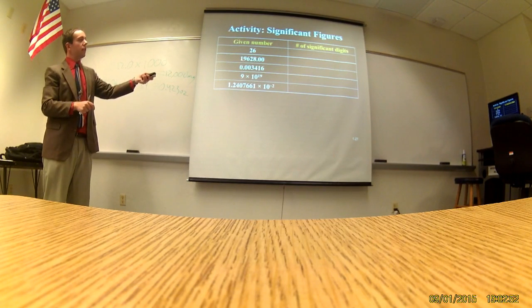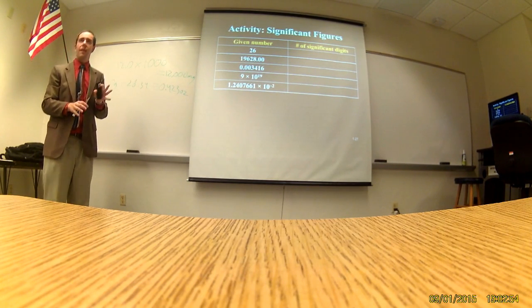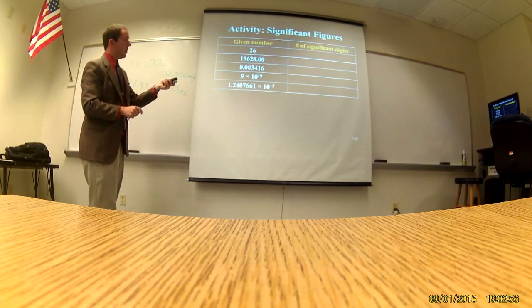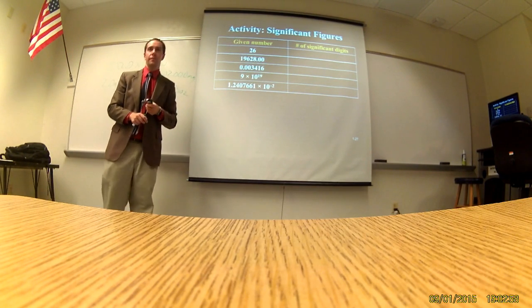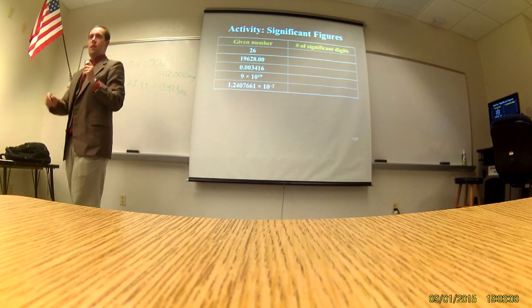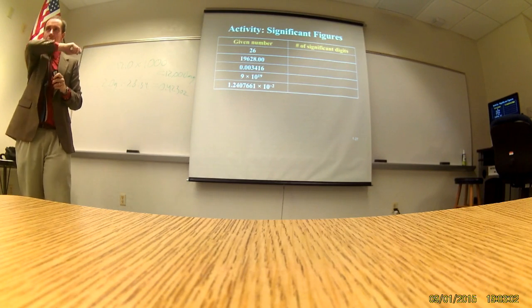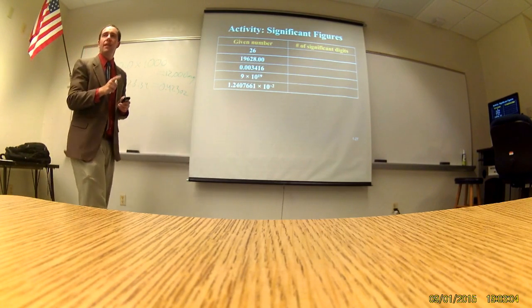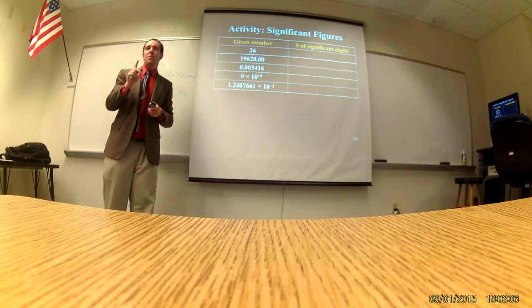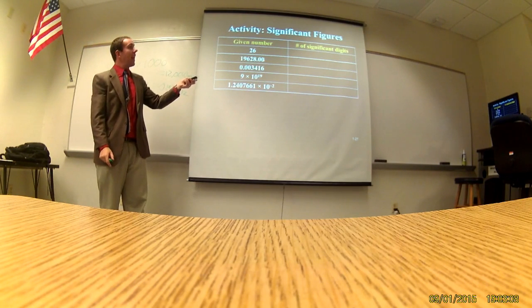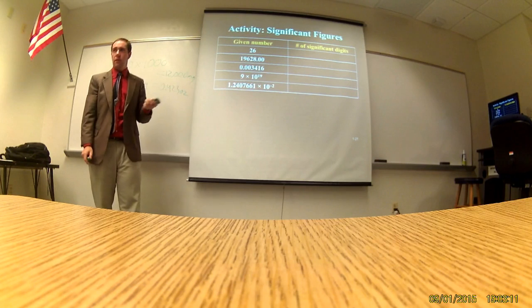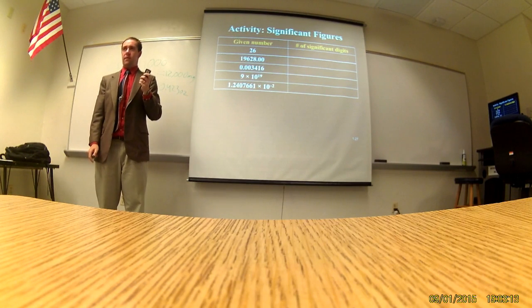So clearly there are at least 5, right? You have to figure out whether those zeros are significant. Zeros to the right of the decimal point and to the right of a non-zero are significant.